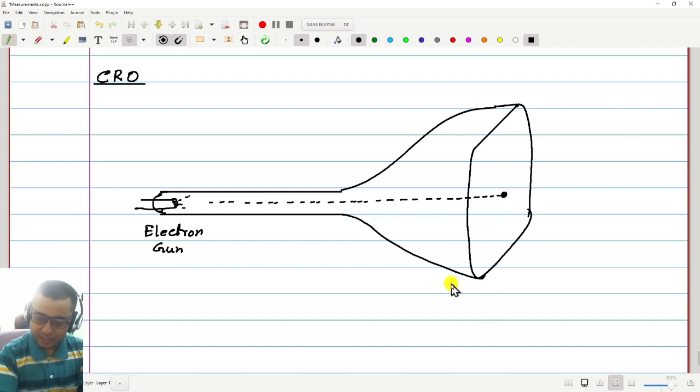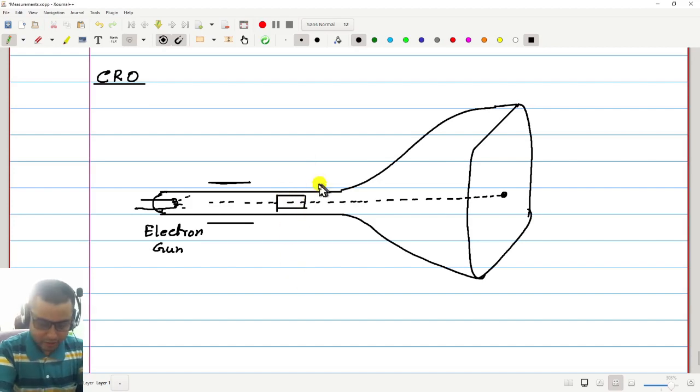So this side is called the screen, and then here we have electrodes, two sets of electrodes, one above, one below, and another set of electrodes is like this, one in front and one at the back.